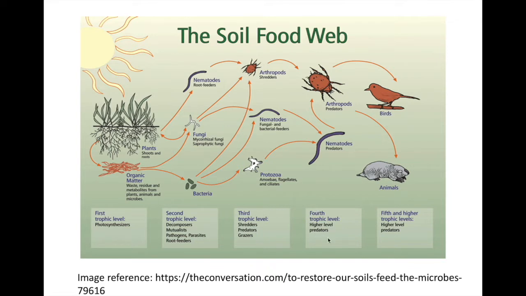The fourth trophic level will be high-level predators, and the fifth trophic level will be higher-level predators. Now, these microorganisms are feeding on carbon, because we know that carbon is the main source of energy of all living creatures.